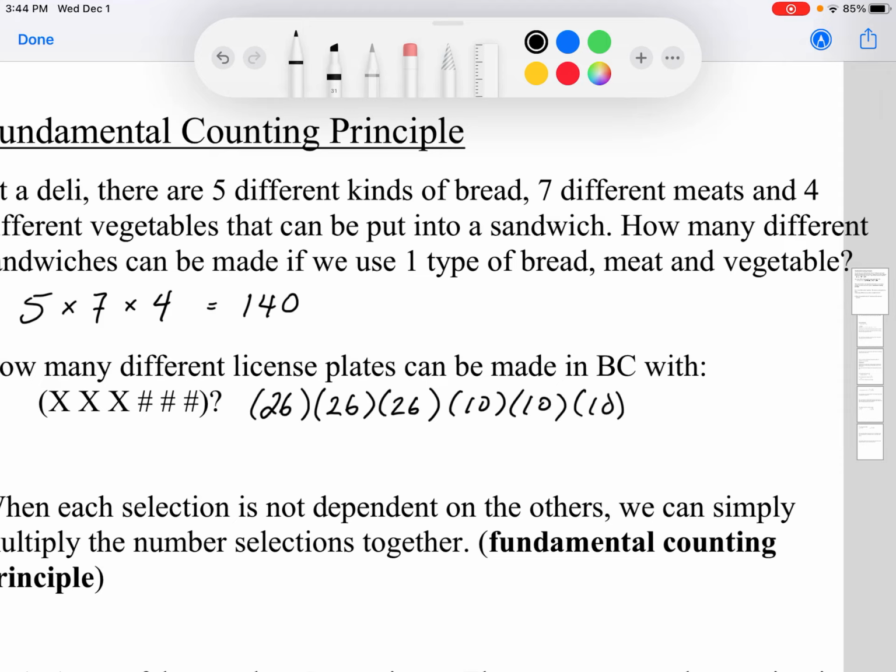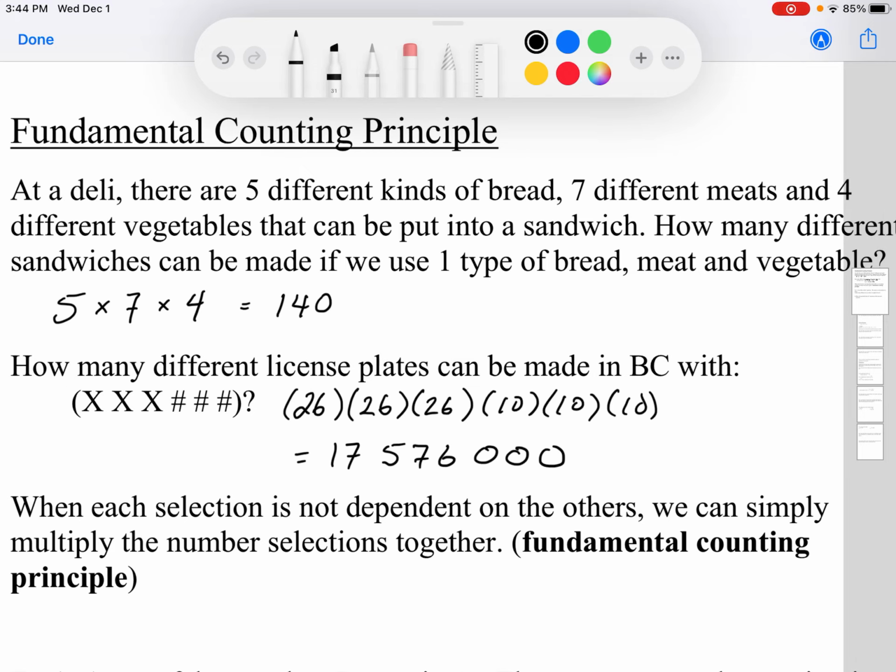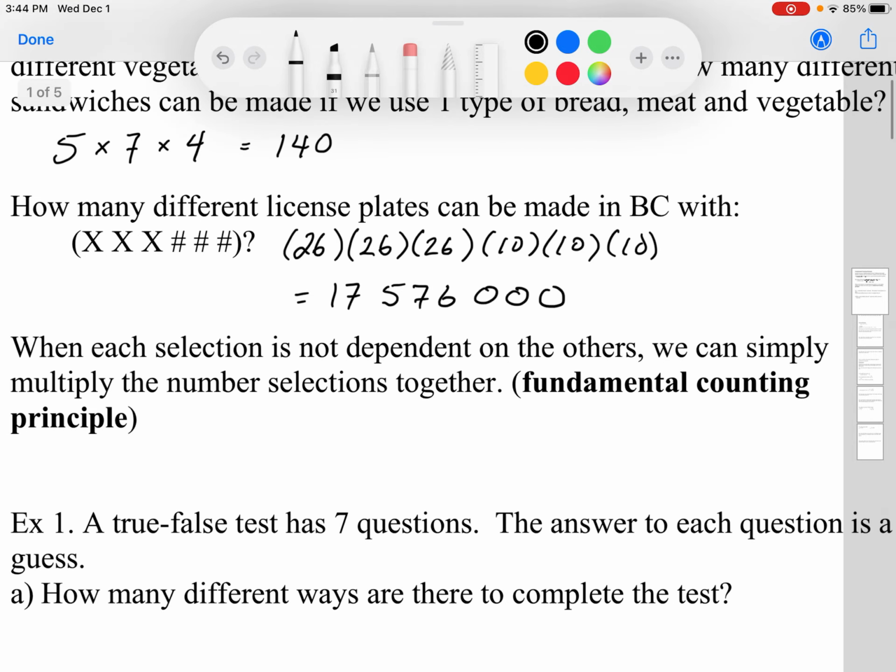It looks like it is 576,000 different license plates that can be made with 3 letters first, and then 3 numbers.